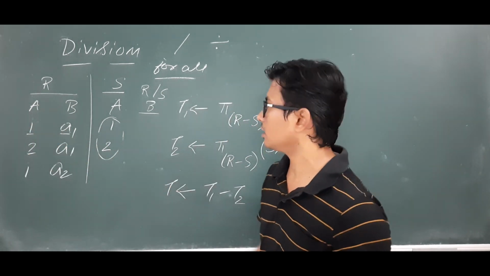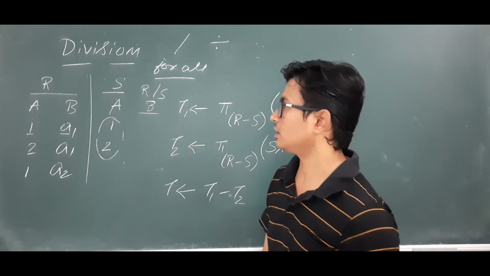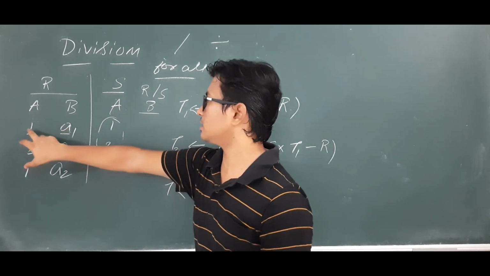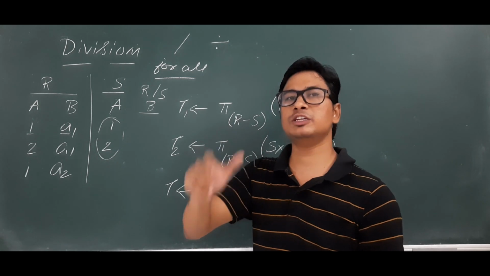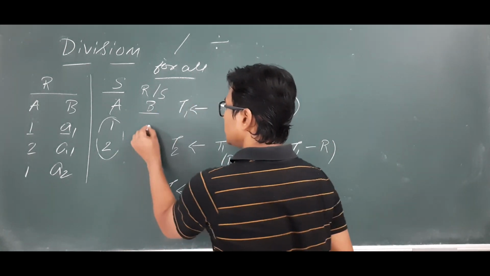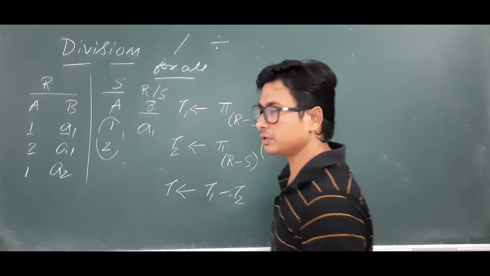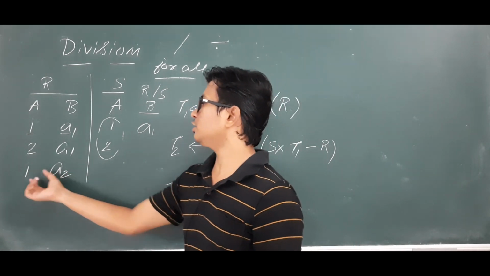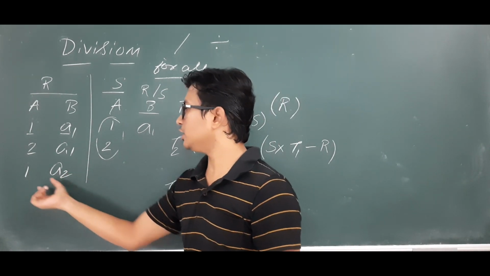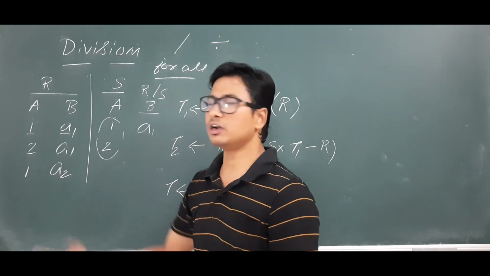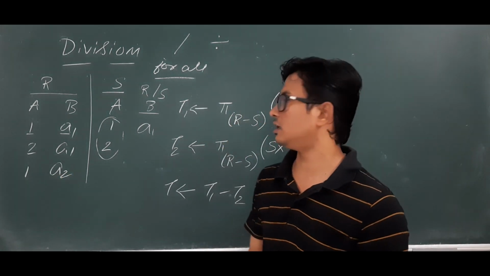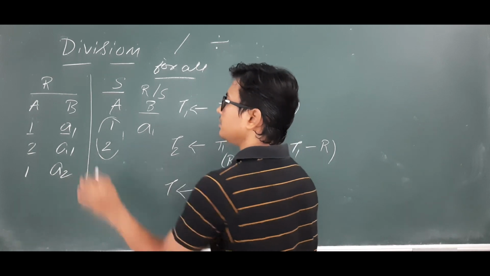Now A1 has passed subject 1, and A1 has passed subject 2. So I can say that A1 has passed all the subjects, so A1 will come in the output. Now A2 passed subject 1, but A2 did not pass subject 2, because it is not there. Is it clear? If it is not there, I can consider that he has not passed subject 2, so he will not come in the output.